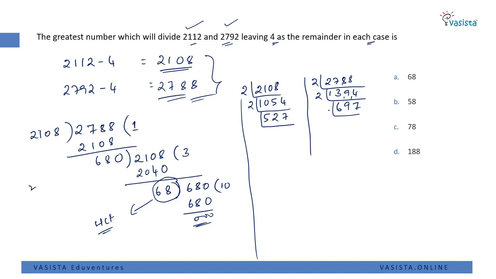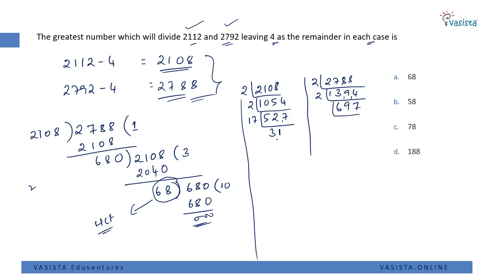So let me go with 7. 7 sevens are 49, so 3 remainder, we can't divide. So 527 is going to be divided by 17. 17 times 3 is 51, so 17 times 31.